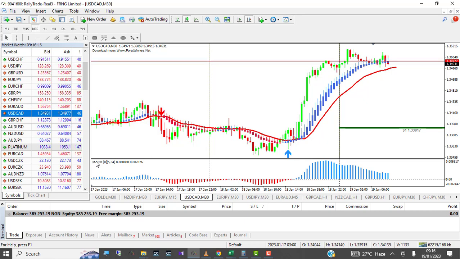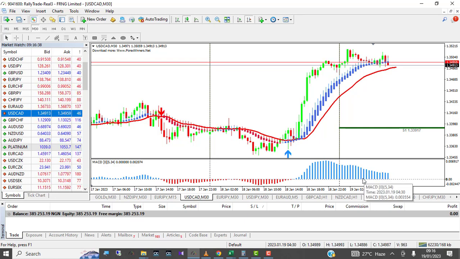MACD is short for moving average convergence divergence. It is both a reversal indicator and also a momentum indicator. If you look at the MACD very well, you'll discover it's divided into two. Over here you can see it has a zero line that divides it into two. Above the zero line we have bars called histogram in blue.